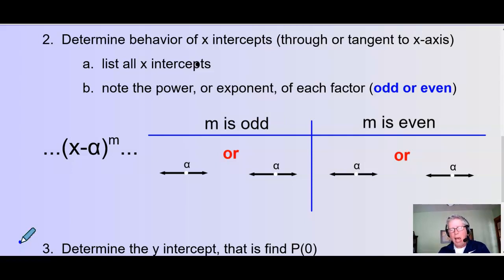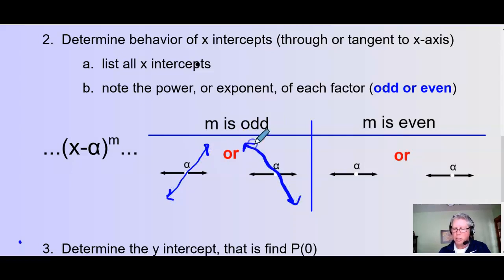When the power is odd, to the first power, third power, fifth power, what's happening is, when x gets next to alpha, a little bit to the left, a little bit to the right, is this factor going to change signs or not? Well, with an odd power, it will. So it's either going to look something like this, or it's going to look like this.